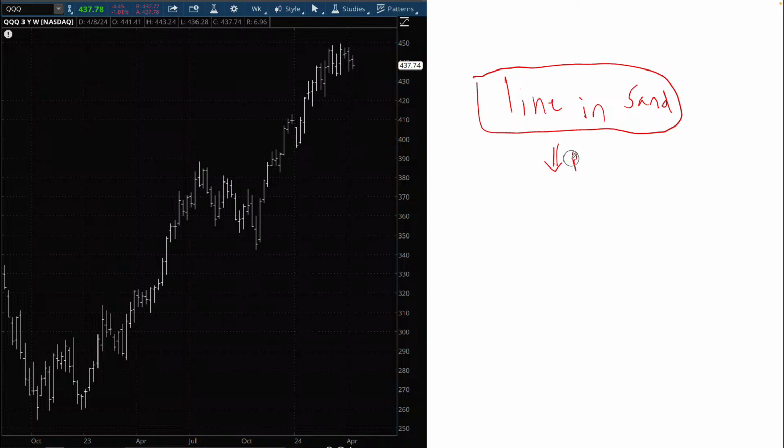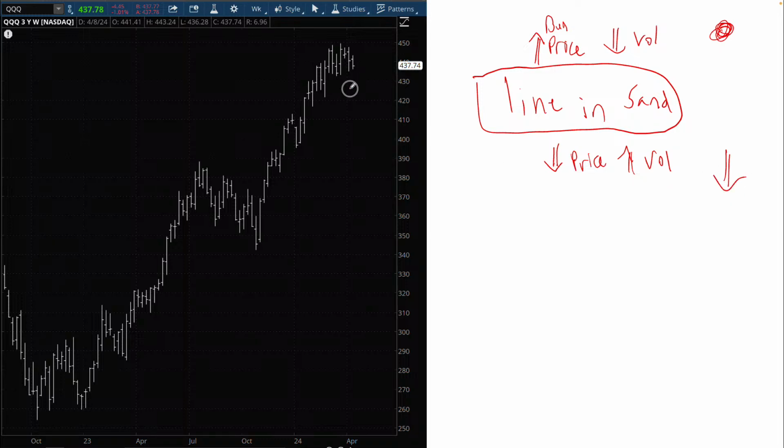If we're above the line in the sand, bullish price, and this is bearish vol. Why? Because there's no uncertainty up here. The uncertainty is all to the downside.